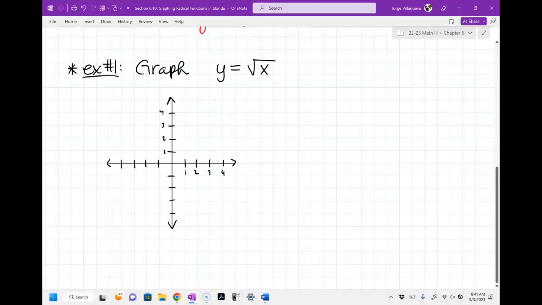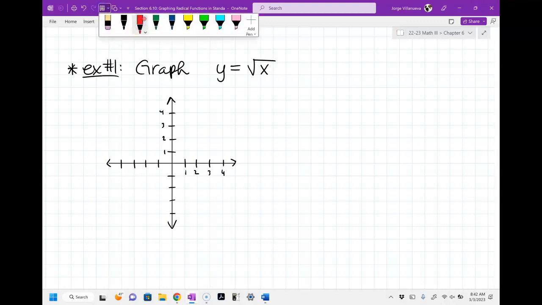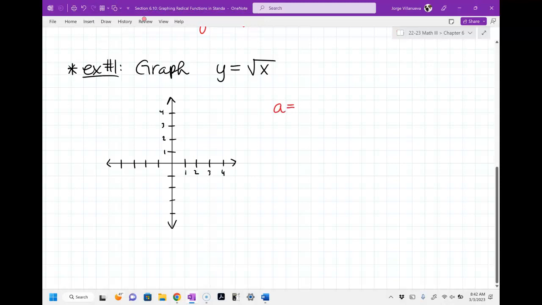All right. Now, if you're going to graph this, notice, what is my A term here? What's my A value? The number in front of the radical. Not the index, the number in front. Is there a number in front of my radical? No. So what number is it then? Not a 0, because or else it would erase everything. A 1, right? So if it's a 1, there's no amplification of the graph. It doesn't go slowly. It doesn't go faster.